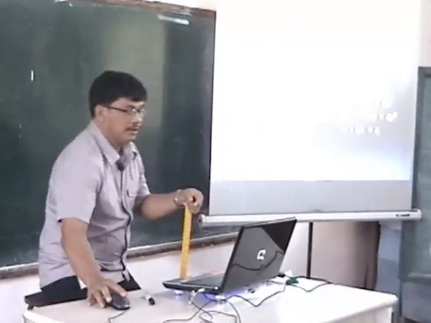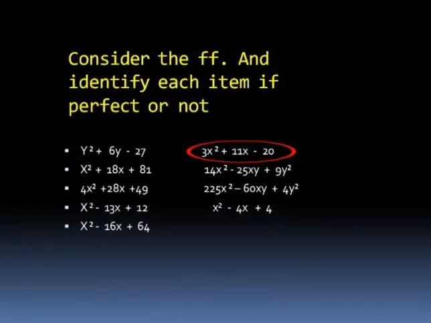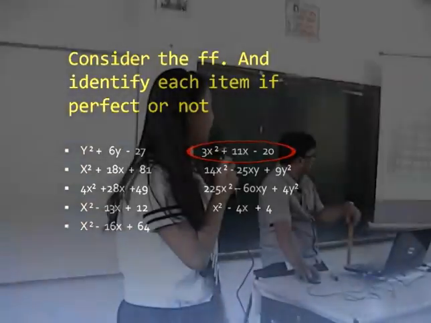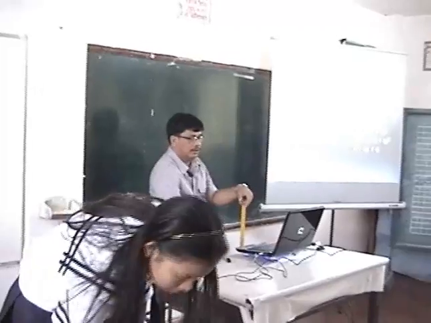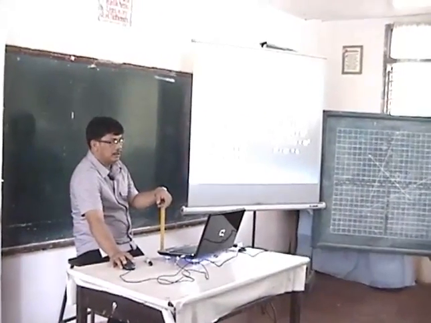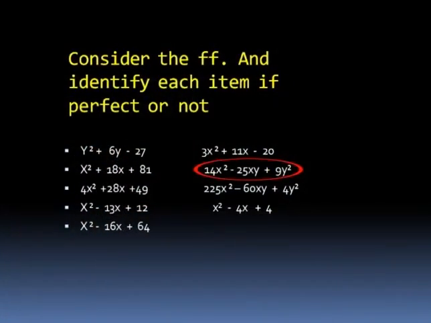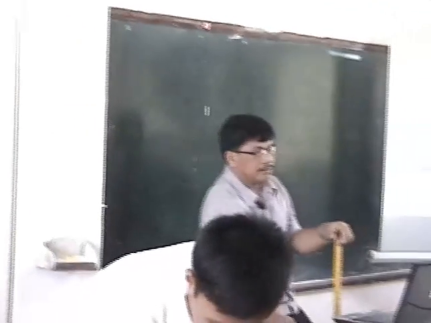The next one? Melanie? 3x squared plus 11x minus 20 is not a perfect square. Okay. Good. Mr. Mago? 14x squared minus 25xy plus 9y squared is not a perfect square. Okay.